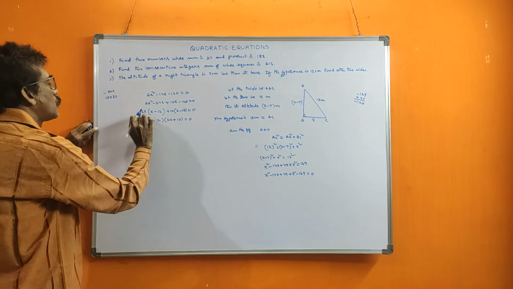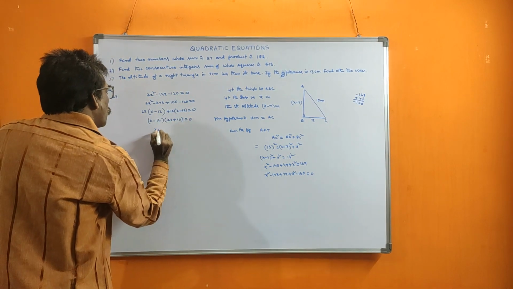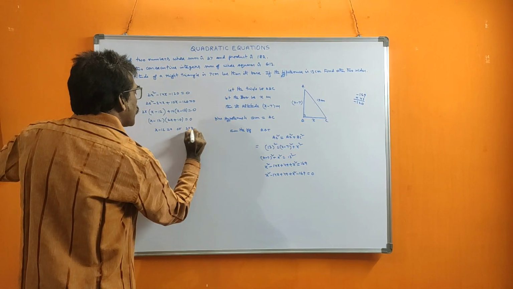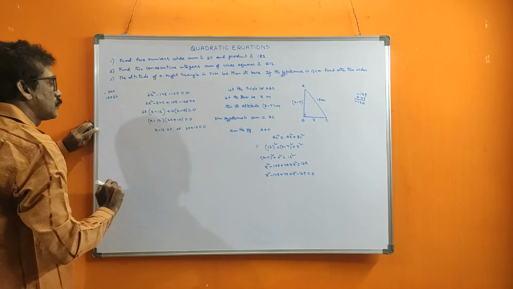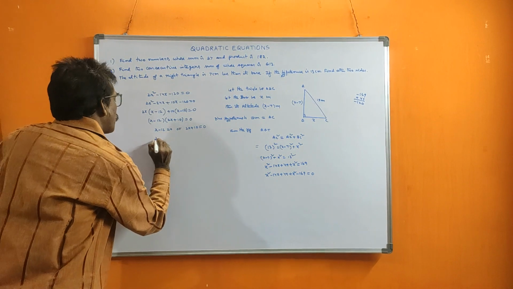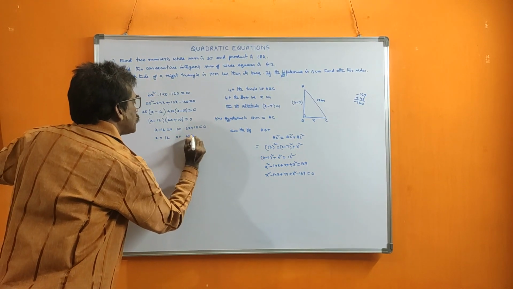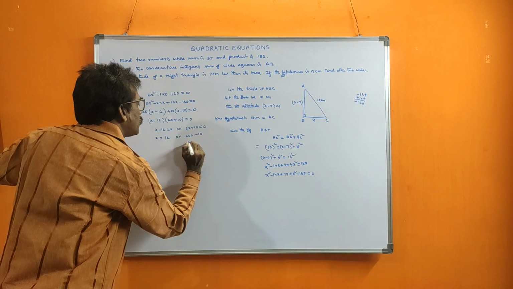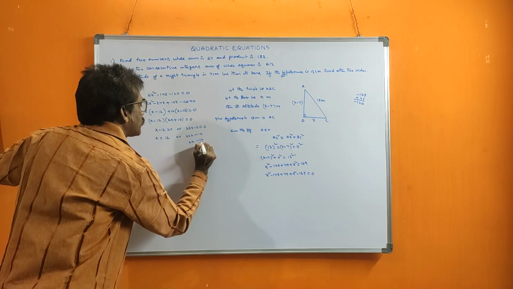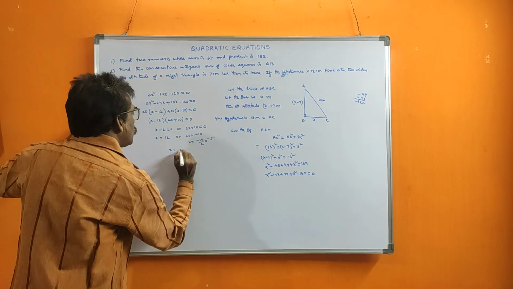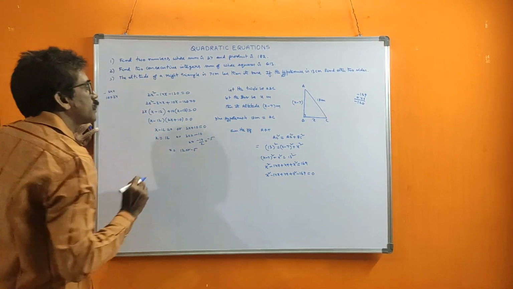So x minus 12 is equal to 0 or 2x plus 10 is equal to 0. Both products are 0, so x is equal to 12, or 2x is equal to minus 10, which means x is equal to minus 5. Therefore the x value is 12 or minus 5.